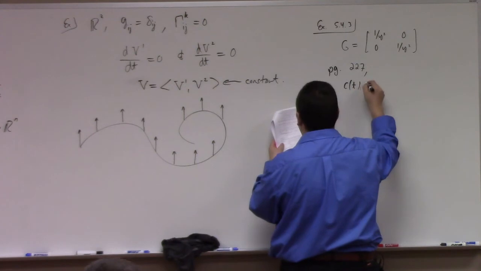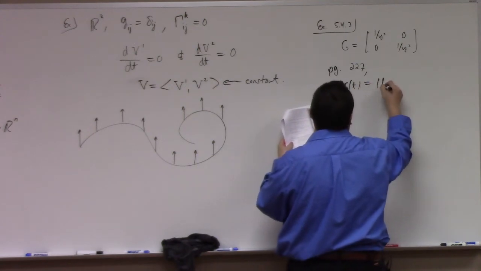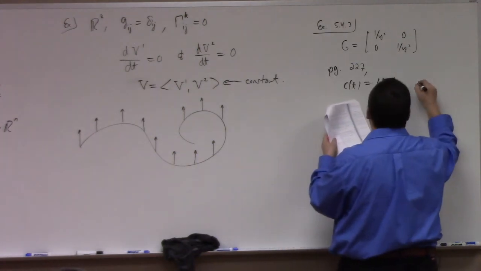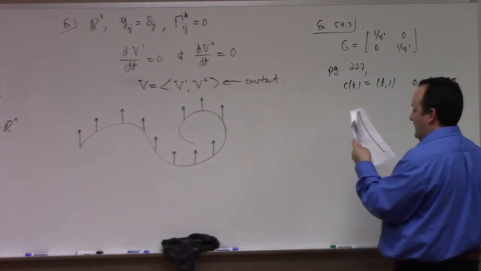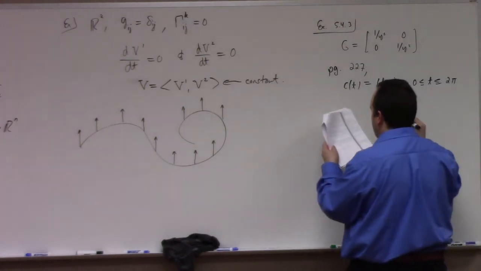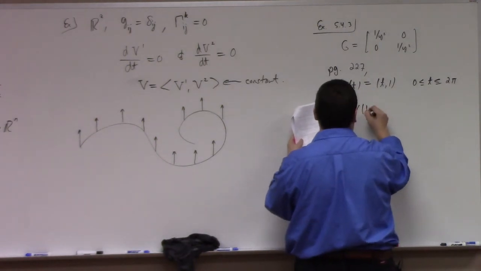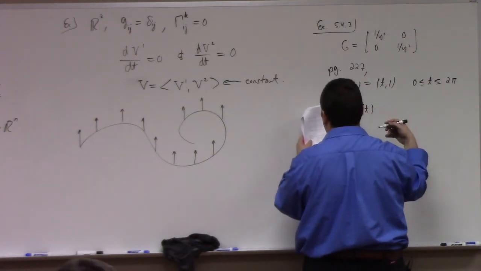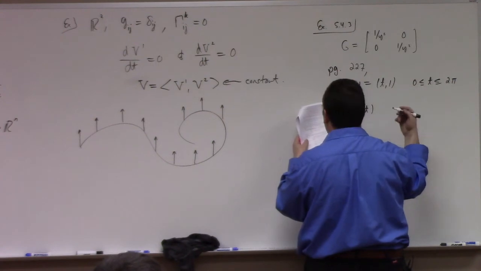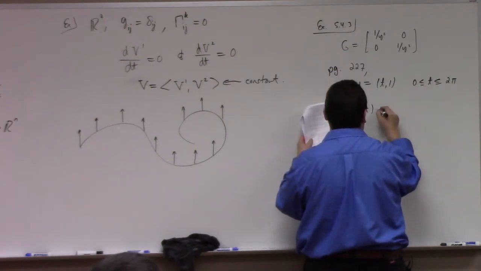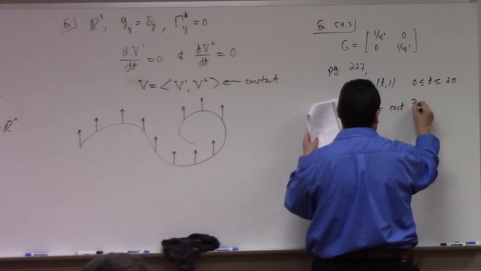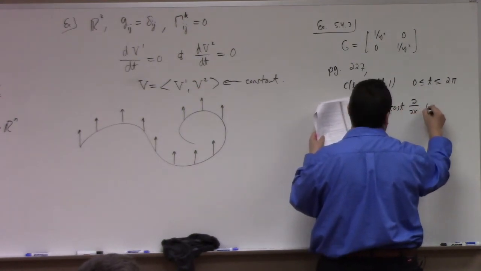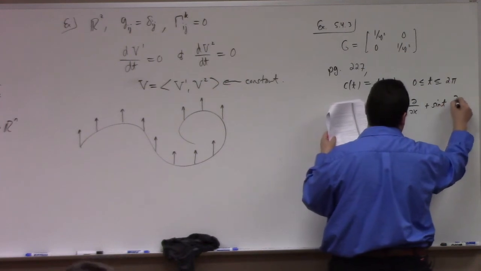For this curve, c of t equals (t, 1), with 0 less than or equal to t less than or equal to 2 pi, the vector field V, which is constant along that path in the sense that we just defined, is cosine of t partial x plus sine of t partial y.